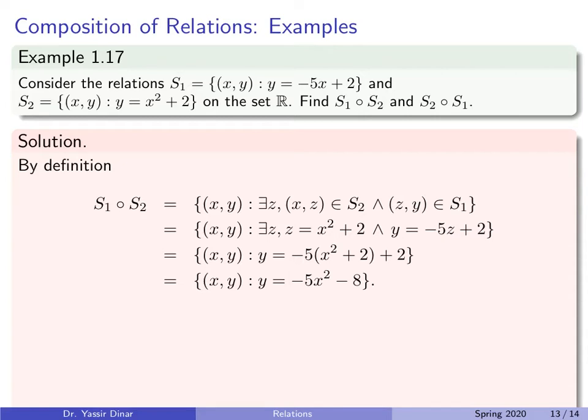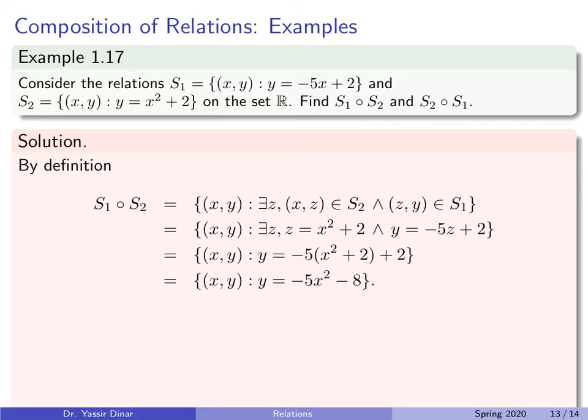Note that the order of the notation here is very important. So I want to find pairs (x, y) so that you can find z, where (x, z) is in S2 and (z, y) is in S1. After we write this definition very carefully and we know where our notation is, now we look at the definition. So (x, z) belongs to the relation S2.